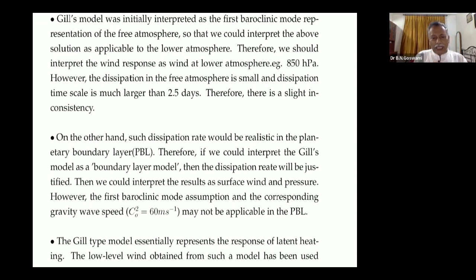One way of looking at it is that you can think about this response as a lower-level atmospheric response, like a boundary layer response, and so it depends on how you use this. To add the free atmosphere, you have to add another layer with a different dissipation and combine these two. So there are issues like that.